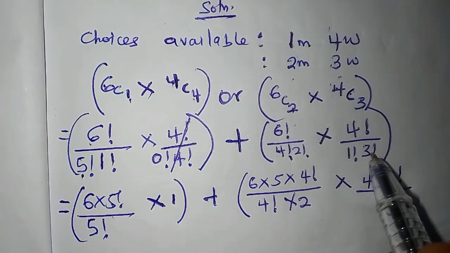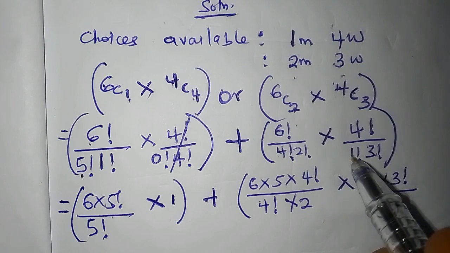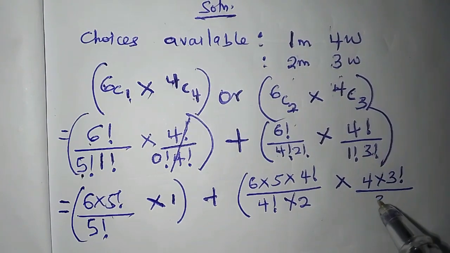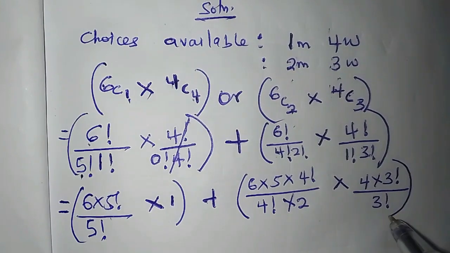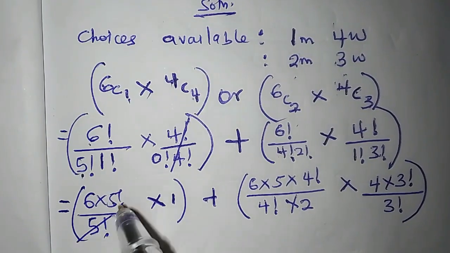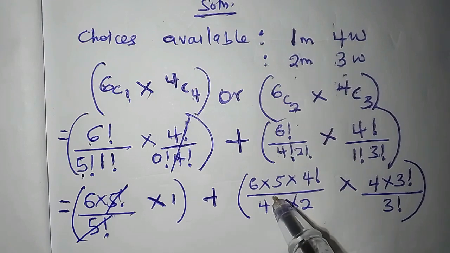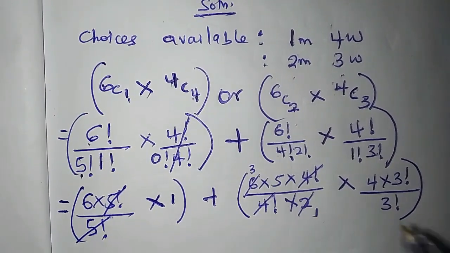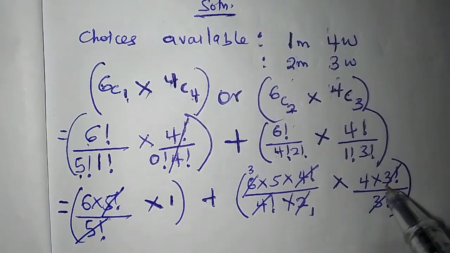Because of this 3 factorial, the denominator, all over 1 factorial is 1. So 1 times 3 factorial is 3 factorial. 5 factorial cancels 5 factorial. 4 factorial cancels 4 factorial. 2 here, 1, 2 here is 3. 3 factorial cancels 3 factorial.